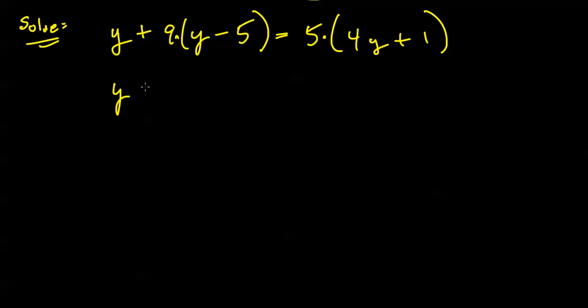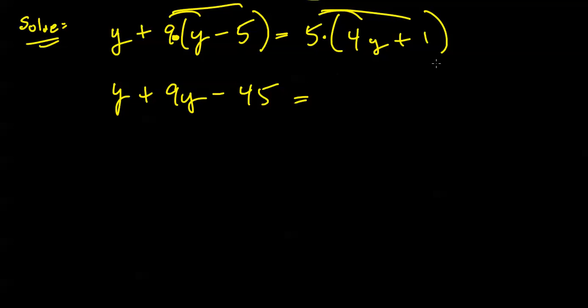All right, let me multiply 9 times y minus 5 first, and I'll get 9y minus 45, applying, of course, my distributive law in that expression on the left-hand side. On the right-hand side, 5 times 4y plus 1, that's going to be 20y plus 5.